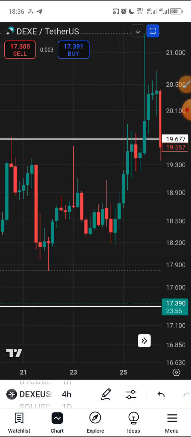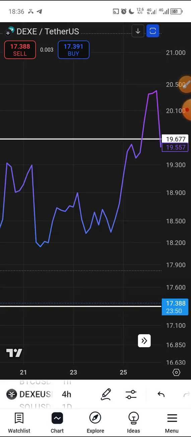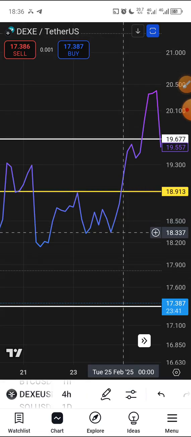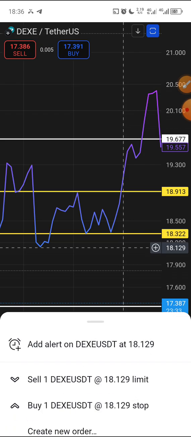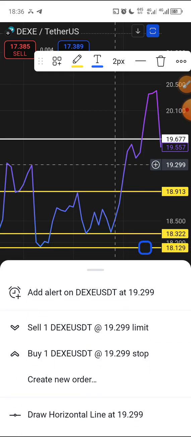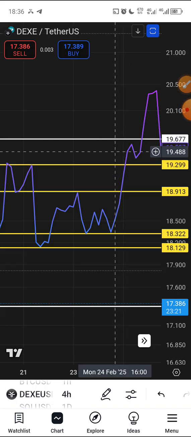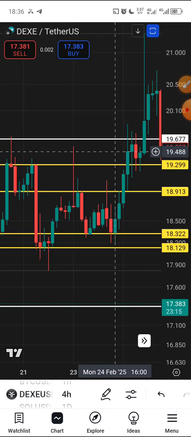So in this case here, let me try to draw another support and resistance. So let's take those to be our support and our resistance lines. Okay, so let me change back to candles.